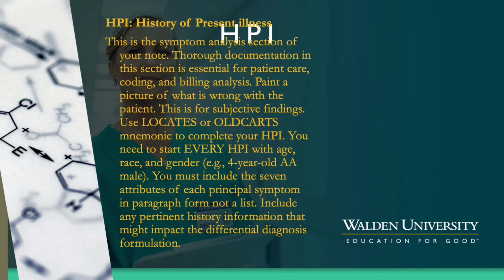What are the relieving factors? What's the timing? When does the symptom occur? Is it intermittent? Is it chronic? Any treatments tried? And what is the severity? You also want to incorporate any pertinent history that can potentially contribute to today's complaint.